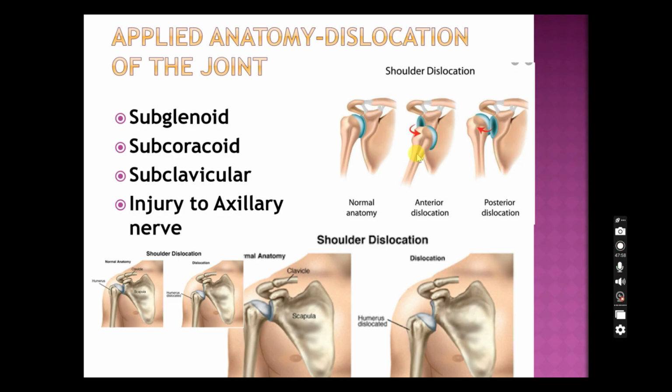This causes traction of the axillary nerve and injury of the axillary nerve. What happens? With injury of the axillary nerve, the flattening of the shoulder happens and abduction of the humerus becomes impossible because it supplies the deltoid.